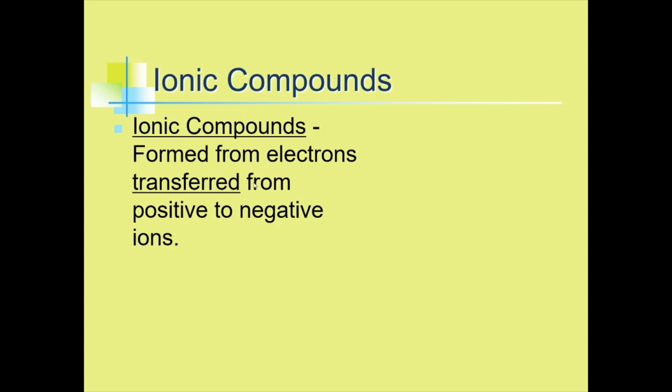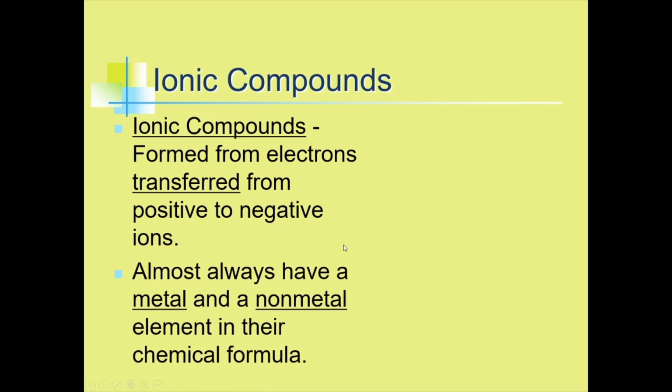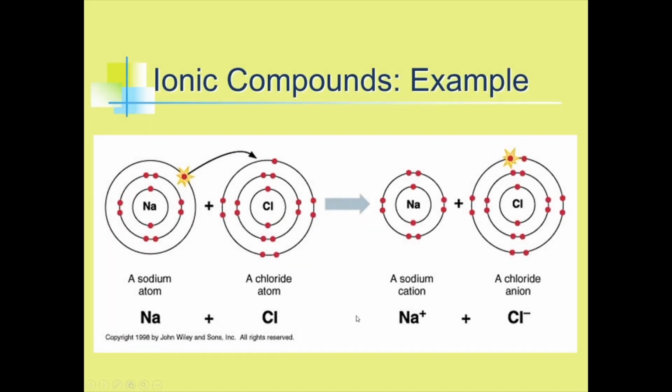And they form compounds when the electrons are transferred from a positive to a negative ion, right? And they almost always include a metal and a non-metal. We might have recalled this from the intro to this unit that we covered earlier. A metal and a non-metal are always going to be part of an ionic compound in the chemical formula. So for instance, the example that we have here is going to be sodium and chloride.